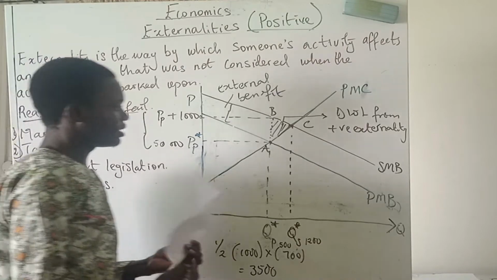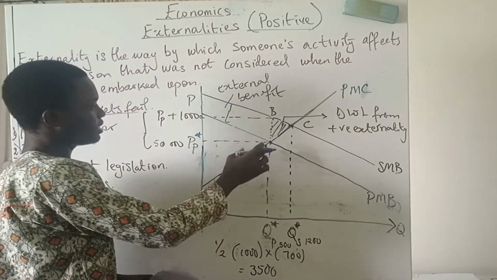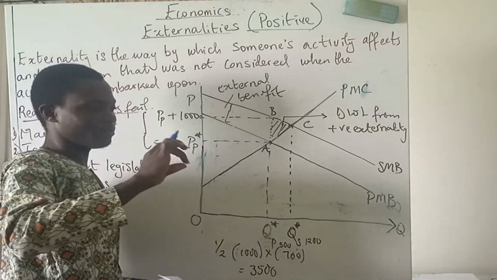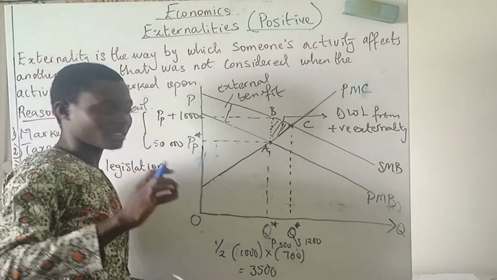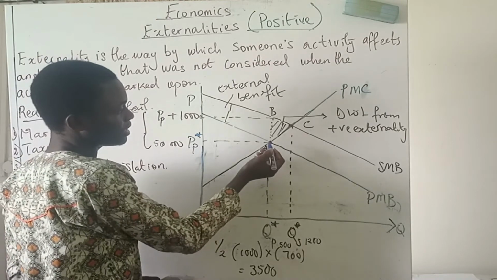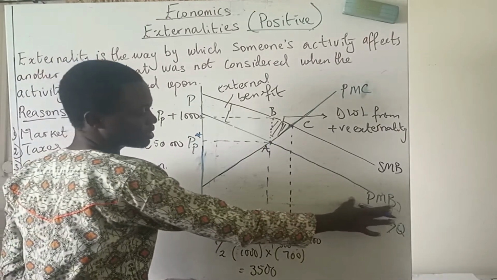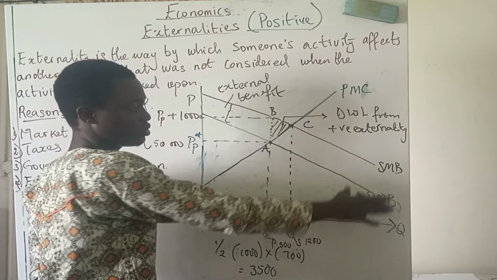From there, if there is a possible externality of 10,000 naira per person, then the private marginal benefit is not the true benefit of the society.